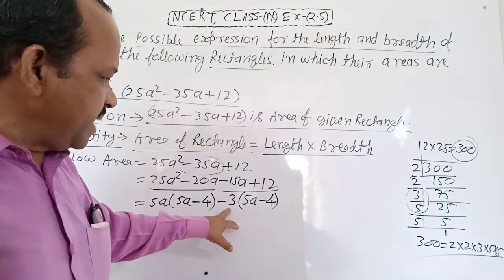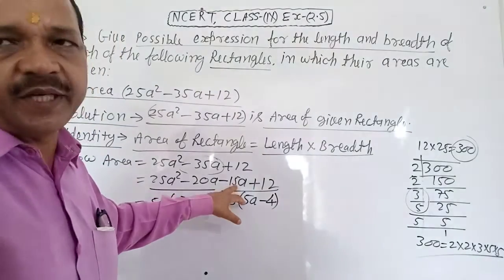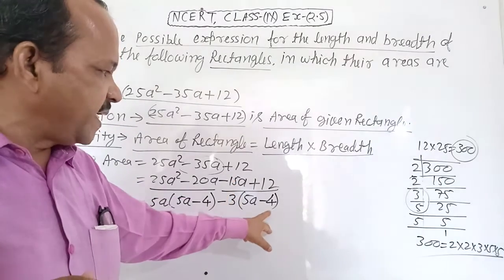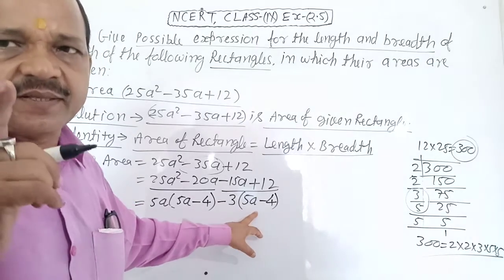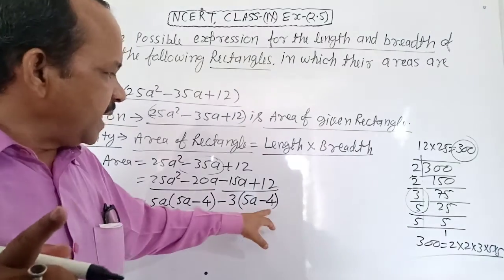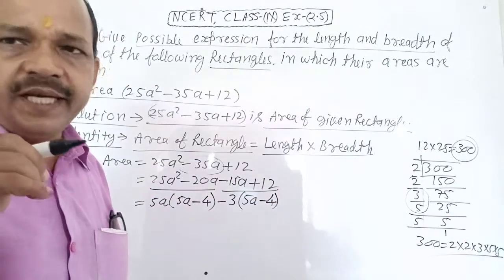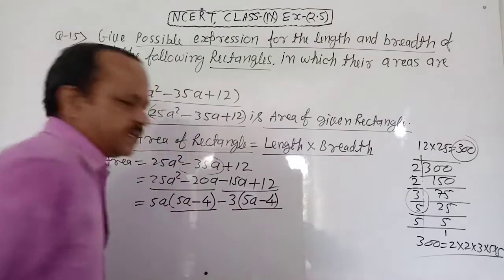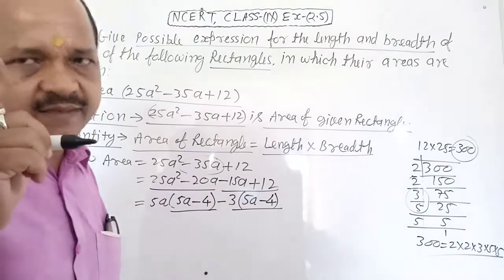If you multiply minus 3 and 5a, it becomes minus 15a. It means it is correct. If you multiply minus 3 and minus 4, minus multiplied by minus becomes plus. It becomes plus 4 times 3, 12. It means it is correct. Clear? Here the first bracket and second bracket are the same, 5a minus 4. It means your process is correct.